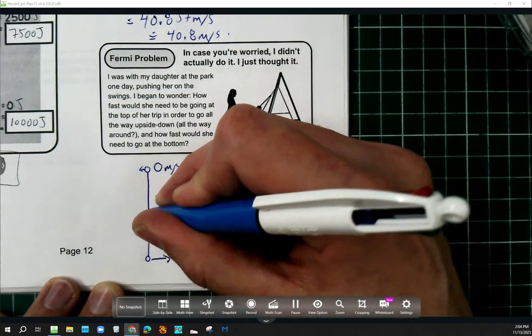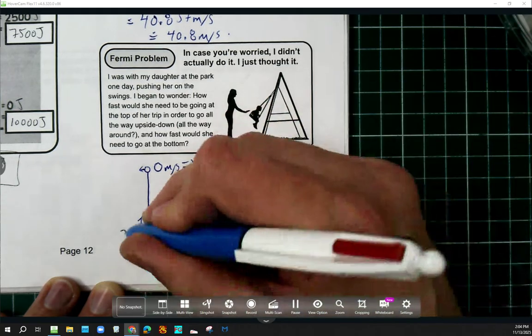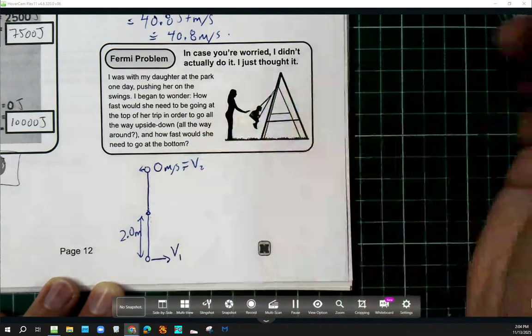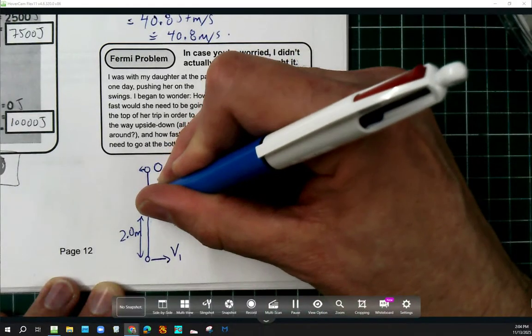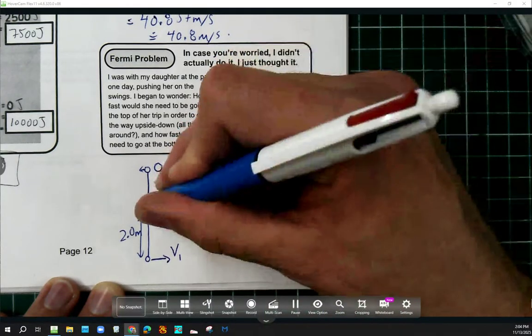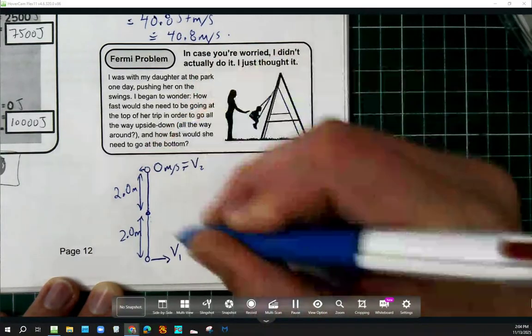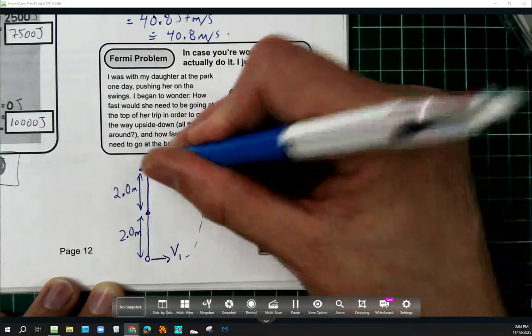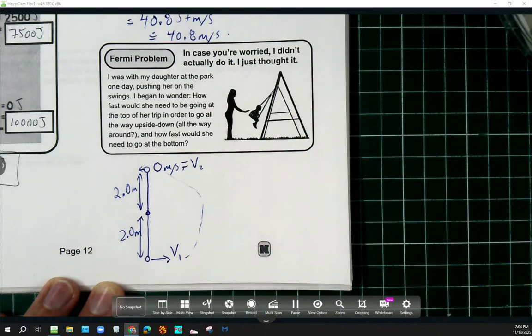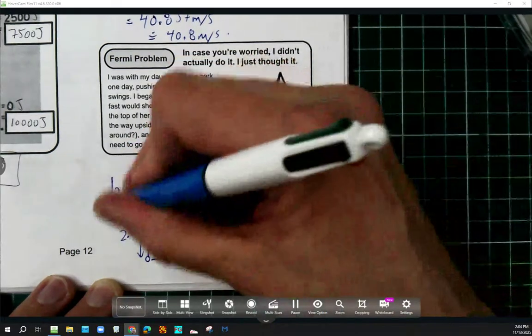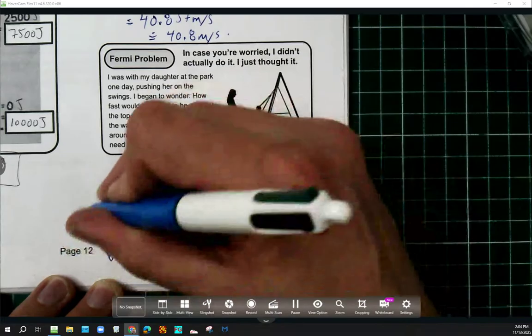So let's just say that this was a 2.0 meter rope. At the bottom, she's 2.0 meters below the support bar, and at the top, she's 2.0 meters above the support bar as this thing goes all the way around a circle. So that means that the height difference is 4.0 meters.